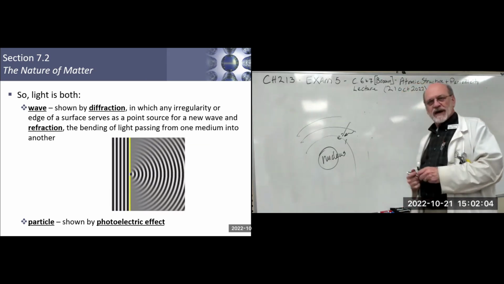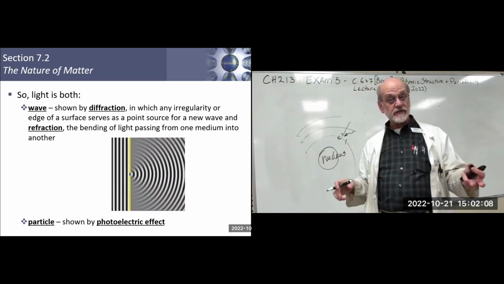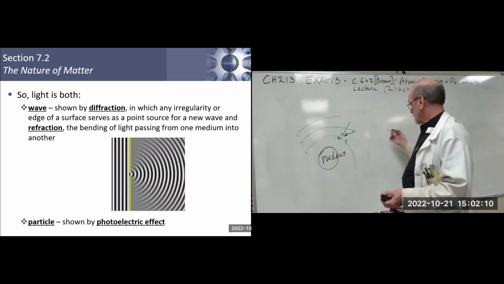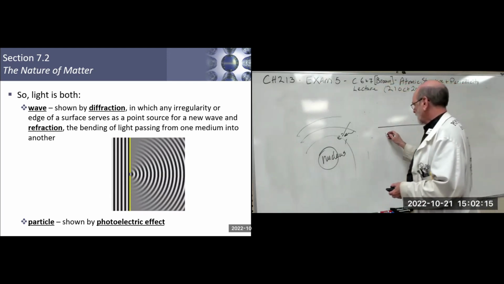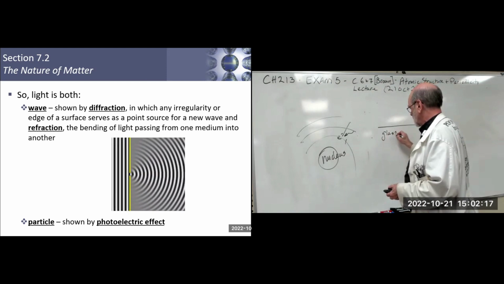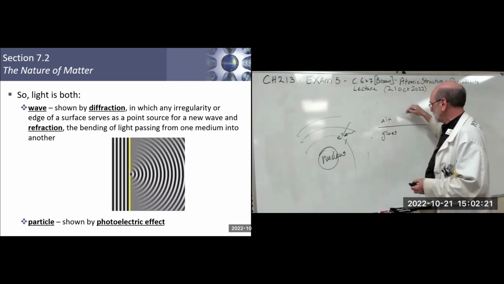is demonstrated by a glass plate or a lens. So if we have glass here and air here, then the wave is coming in.